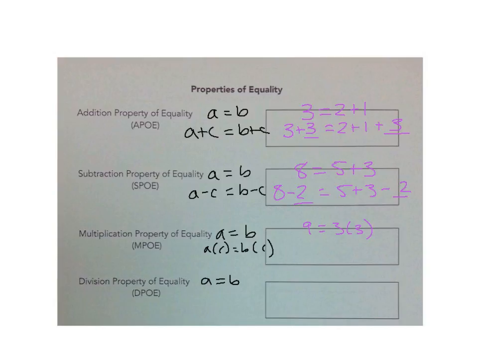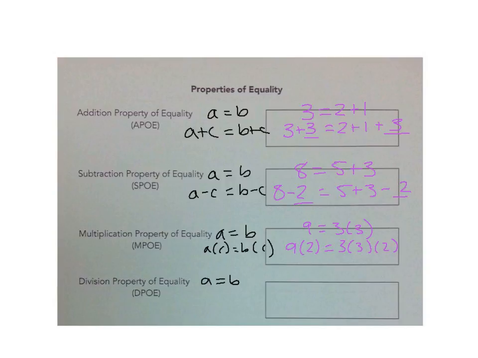And let's say my C value is again 2. So I multiply 2 to both sides. So in this case, 9 times 2 is 18, and 3 times 3, which is 9 times 2, gives me 18 as well. So therefore, the equation stays true.